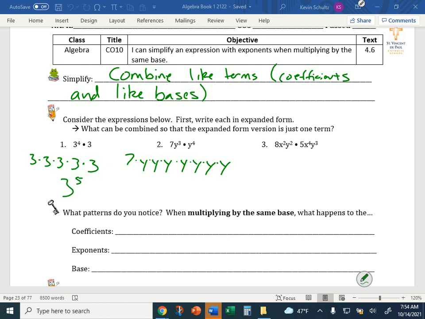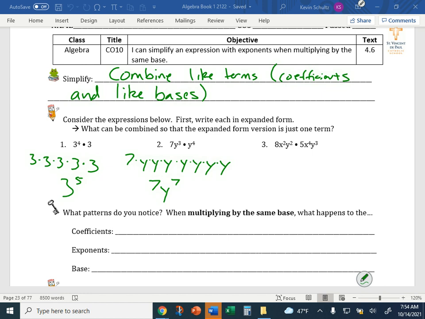Because the 3 from the first term and then the 4 from that second term, how many y's do we have multiplied together? 7 of them. How many 7's do we have? Just 1. So our simplified expression is 7y to the 7th.